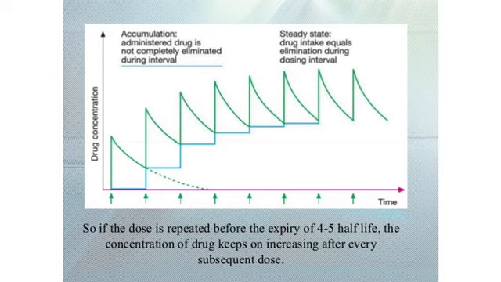That is why, before its half-life expires, you need to give your next dose again. Okay? So with increasing frequency, increasing concentration of the drug, after every subsequent dose, its effect also increases. There will be accumulation, and when there is accumulation of the drug's concentration inside the plasma, inside the body, inside the serum, inside the blood, there is immediate action in case of further invasion by microorganisms.